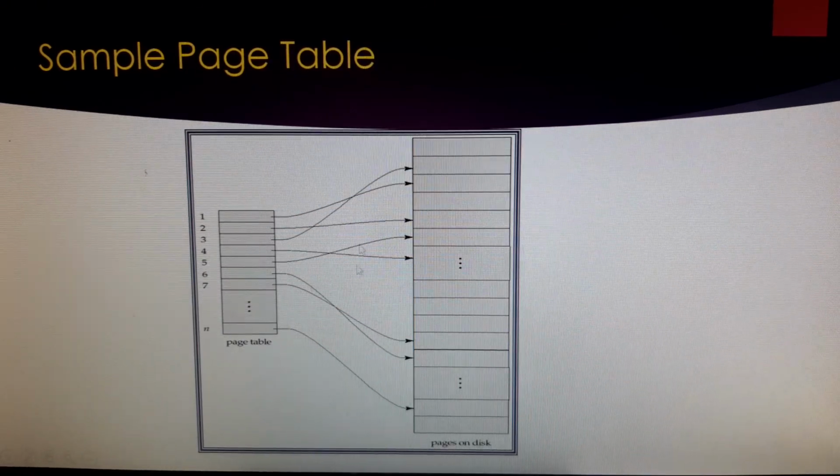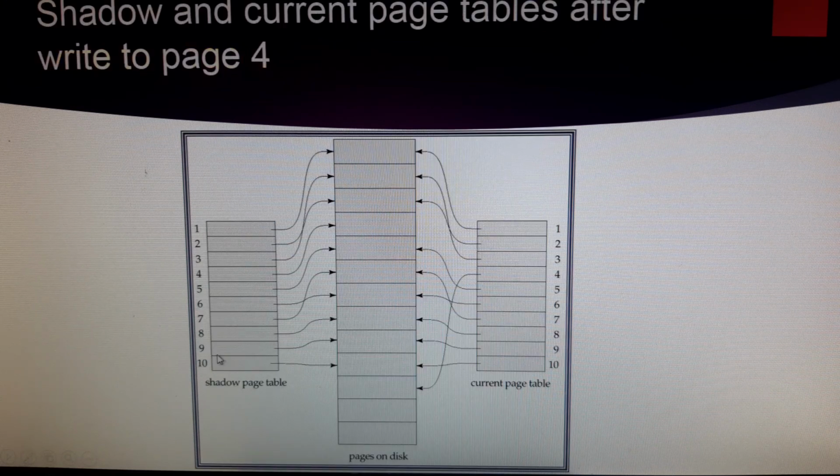So here in this case we are implementing a sample page table. The page table indicates all the pages which are updated on the disk. Here you can observe the pages on the disk, these are the pages updated. In this example we should see the current page table, and the next one is the shadow page table.